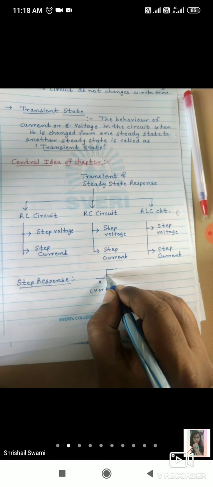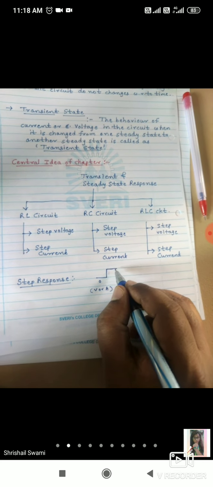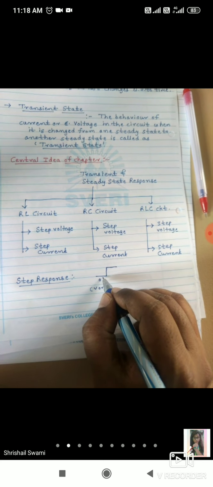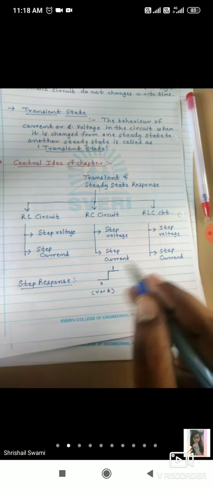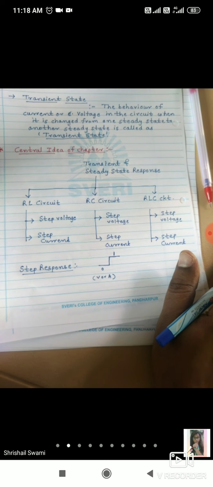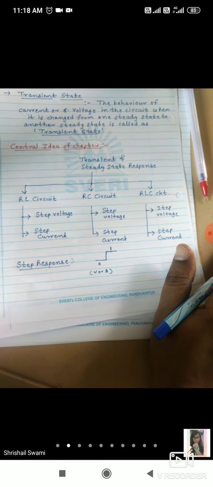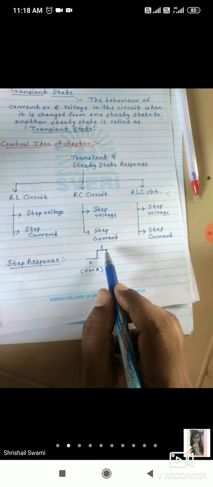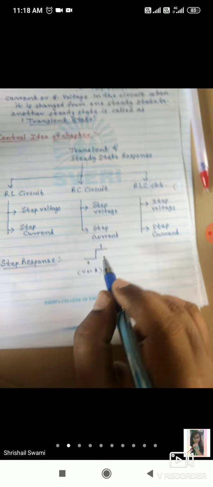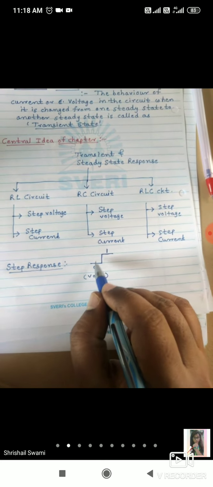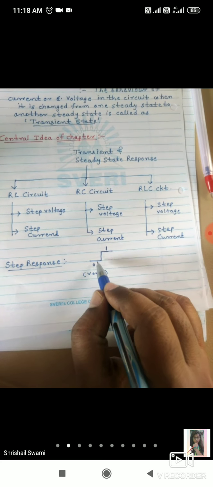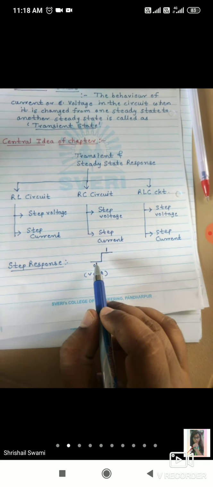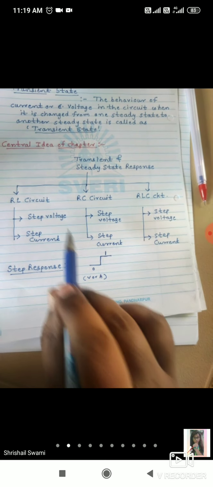When it changes, the step, that is, the stair, when it changes from 0 to 1, 1 means a higher value, whatever it may be, 5 volt, 10 volt, or 5 ampere, 1 ampere, 2 ampere. So the initial value is 0 and then we get a new value. Such a type of signal is called a step signal, or step voltage or step current signal. We can apply this to the RL circuit, the RC circuit and the RLC circuit. So this is the central idea.